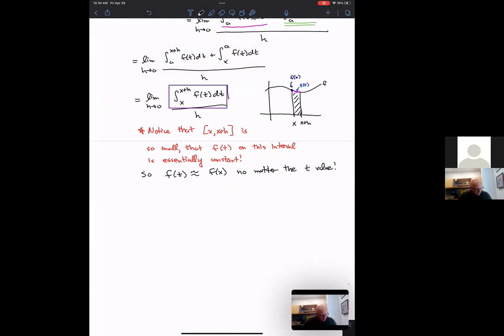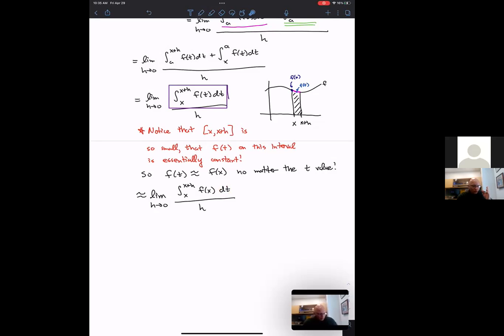So then what I've written before is approximately equal to the limit as h approaches 0 of the integral from x up to x plus h of f of x dt, all over h. Now the thing we have to remember is that this integral is in terms of t.